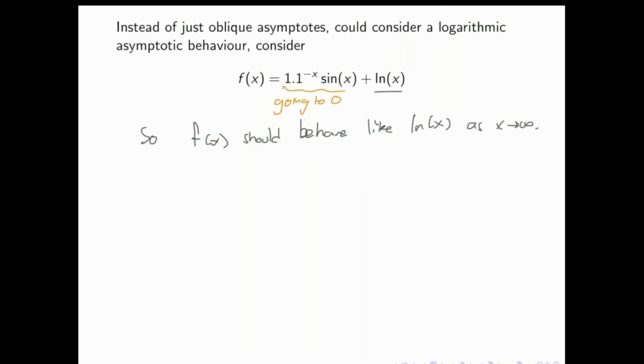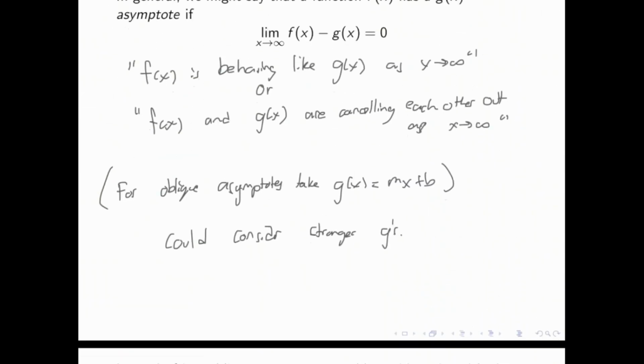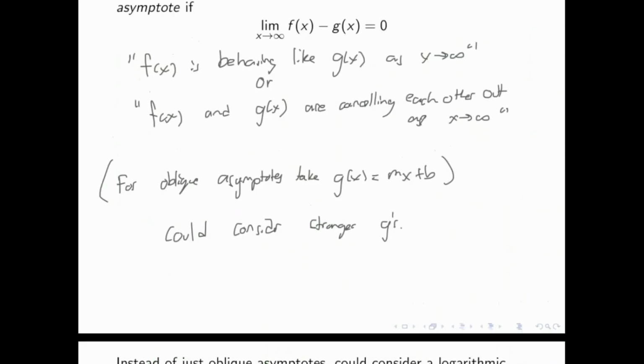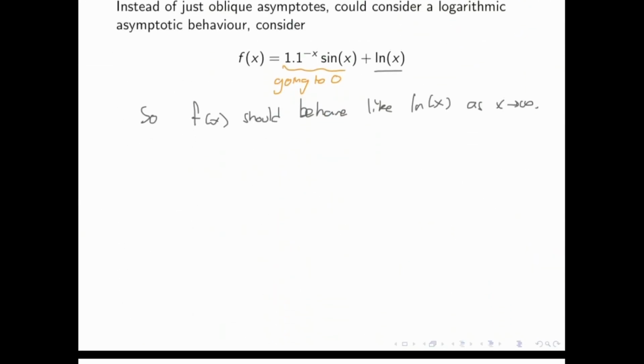Okay, so let's test our guess. Let's use our definition from above. So we should have that the limit as x goes to infinity of f of x minus the natural log of x should be 0.